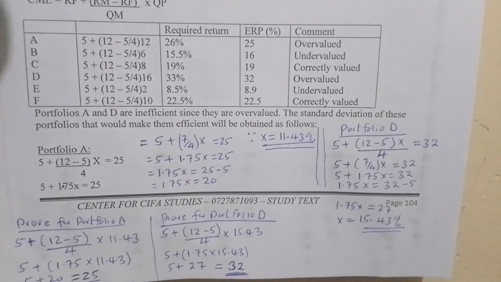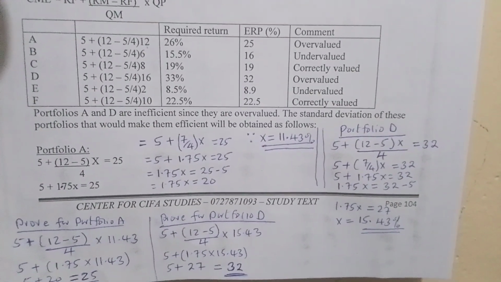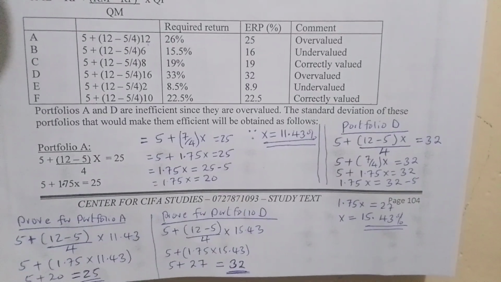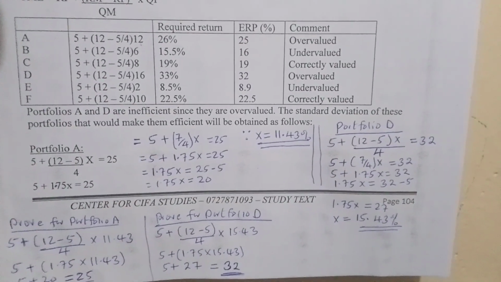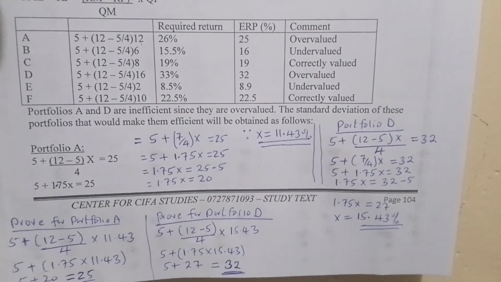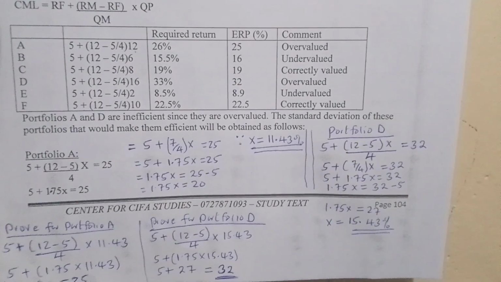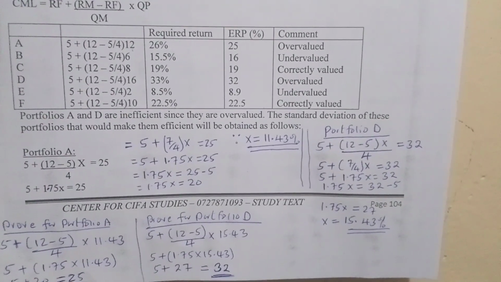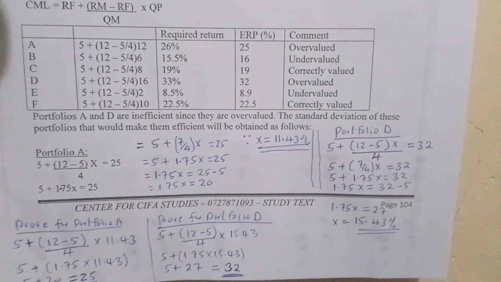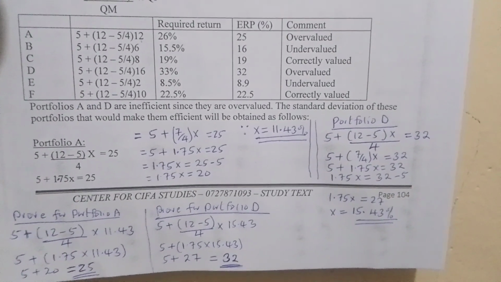We are calling that x. So we solve for the value of x, then we equate it to 25 because we are looking for that rate that when we use it, our answer will be equal to 25.